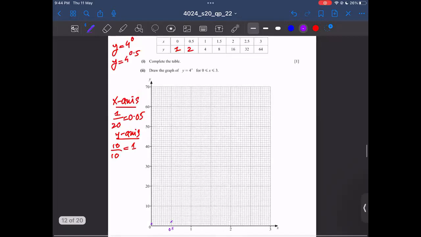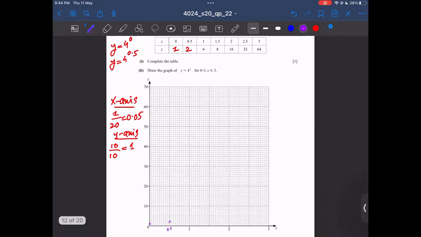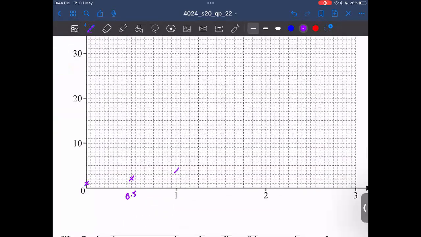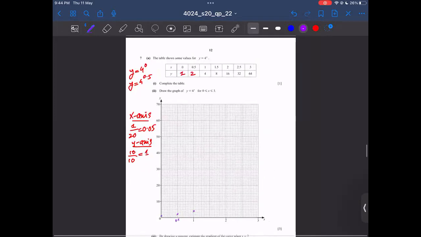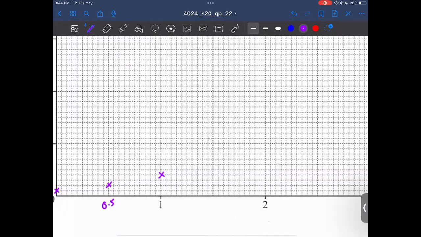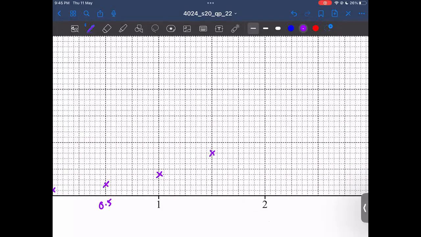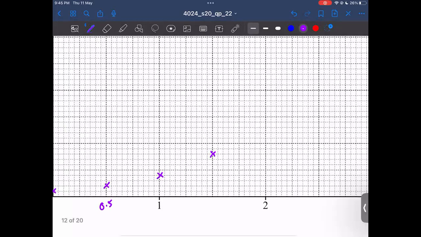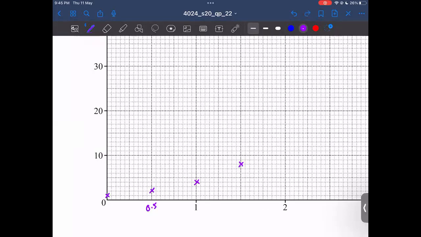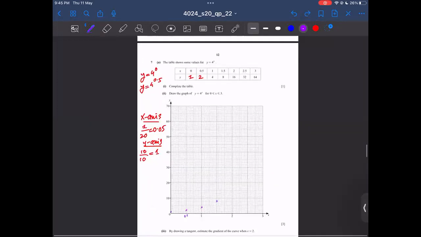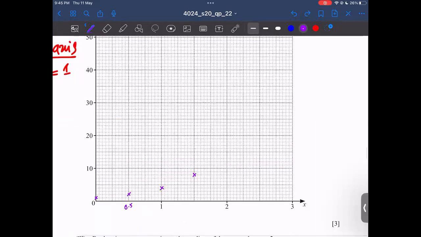We have 1 and 4. Let's plot 1 and 4. Then we have 1.5 and 8. So 1.5 and 8 is going to be here. 1.5 is between 1 and 2, and 8 is just below the 10, 2 boxes below the 10. Then we have 2 and 16.